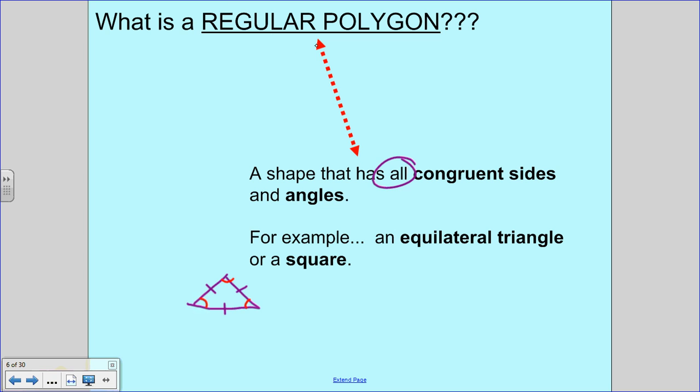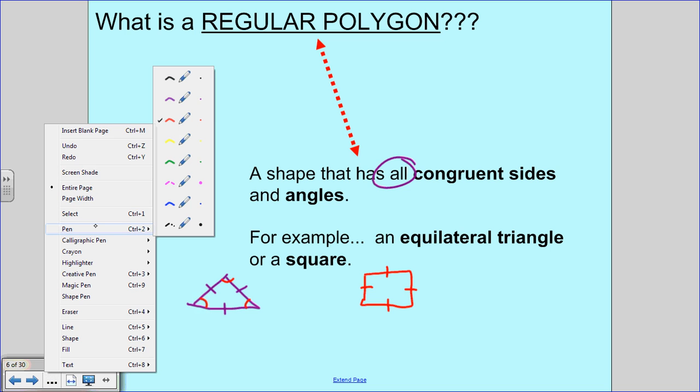So that's another way to look at a regular polygon, the definition. And then a square is also a regular polygon because all four sides are congruent. Always, always, always. And then it has four right angles.